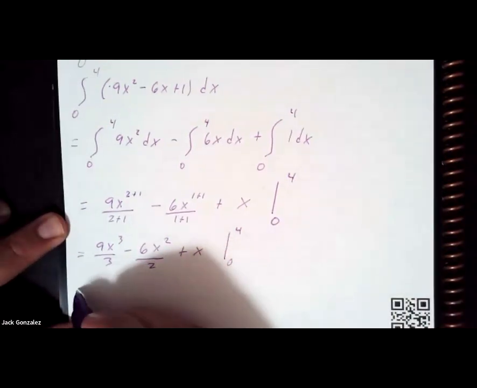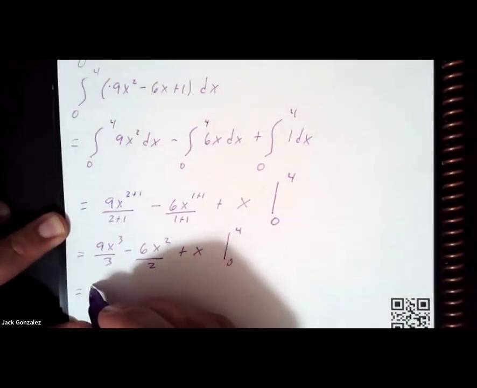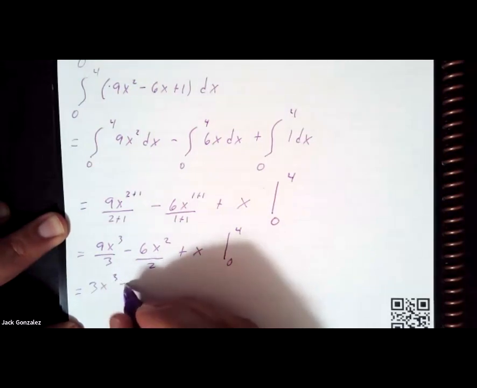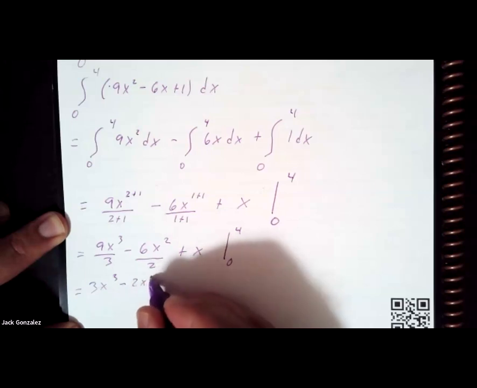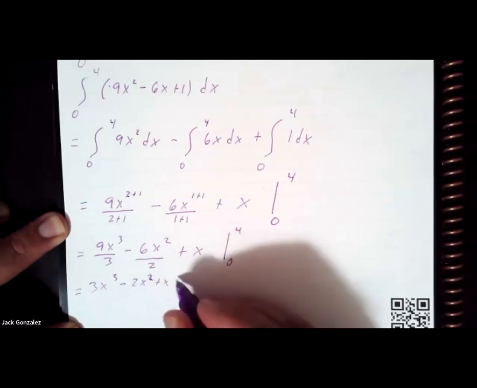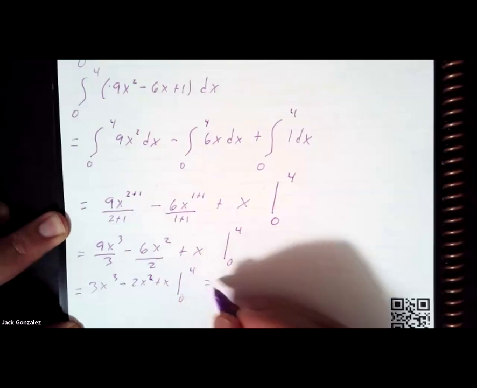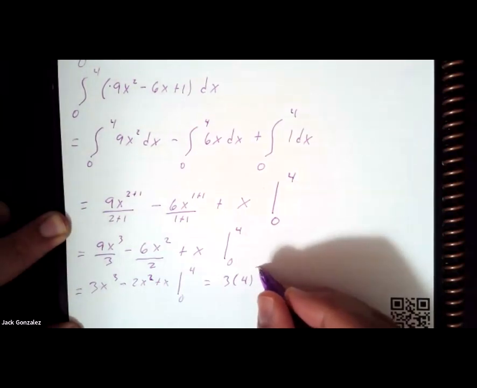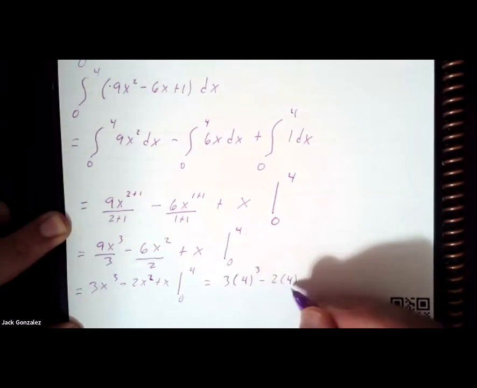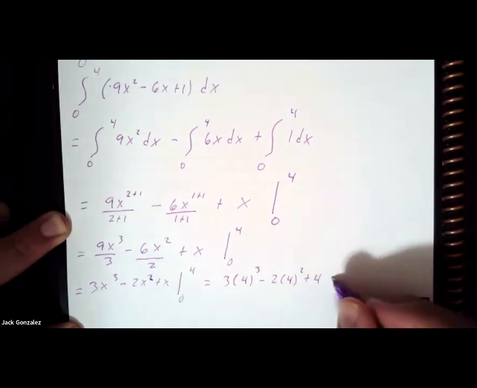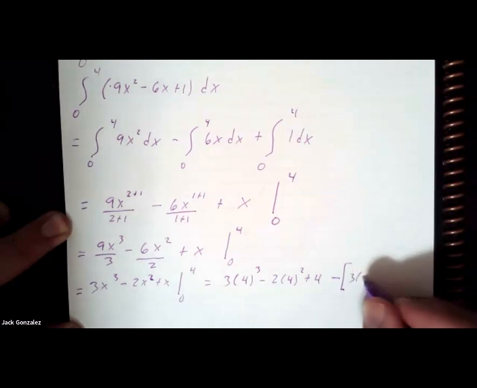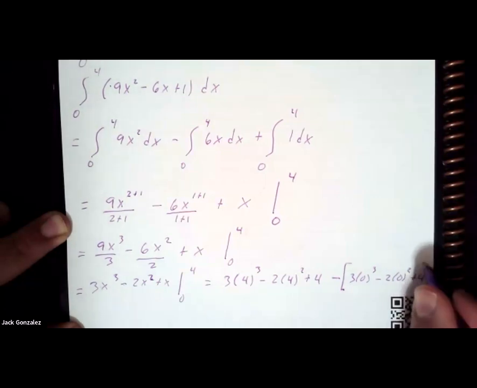Okay, so then we get 3x cubed minus 2x squared plus x, just reduce it, from 0 to 4. So that would be 3 times 4 cubed minus 2 times 4 squared plus 4, minus 3 times 0 minus 2 times 0 plus 4.